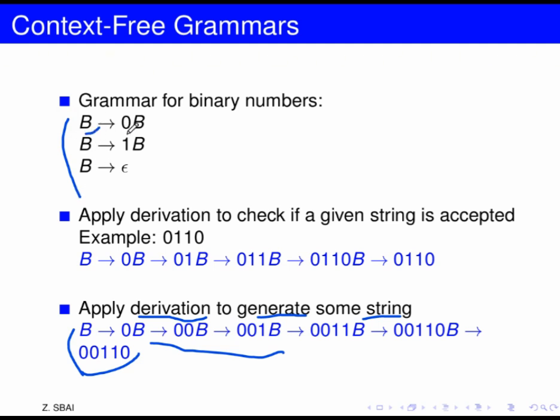Each B produces another B, and the other B may produce another B, and so on until the last B will be substituted by epsilon to obtain the string. Okay, and we can say that the set of all strings that can be generated by derivations composes the language of this grammar.